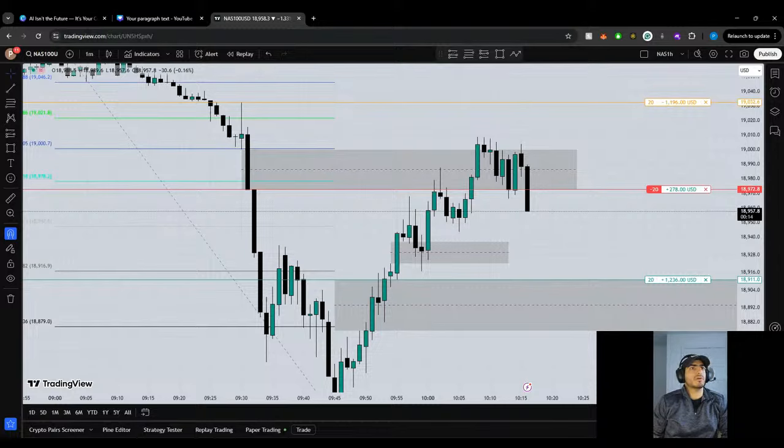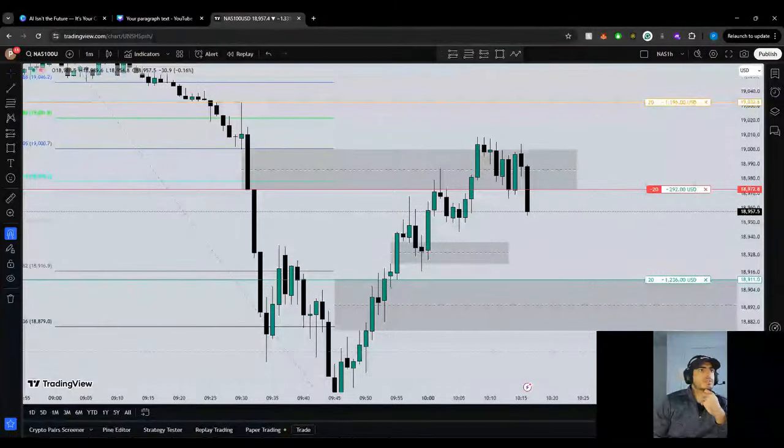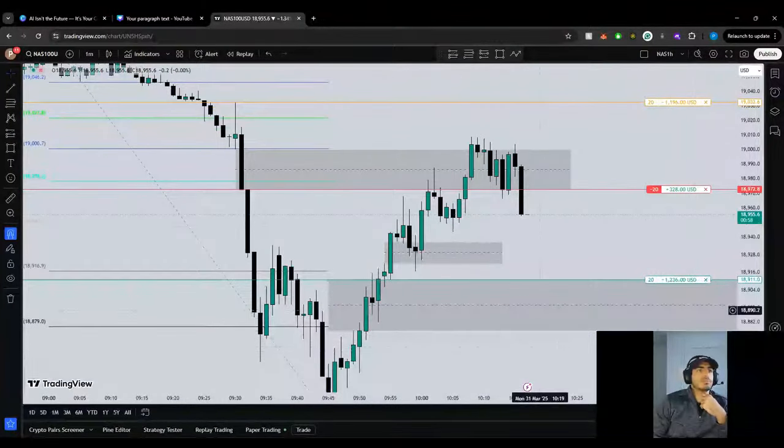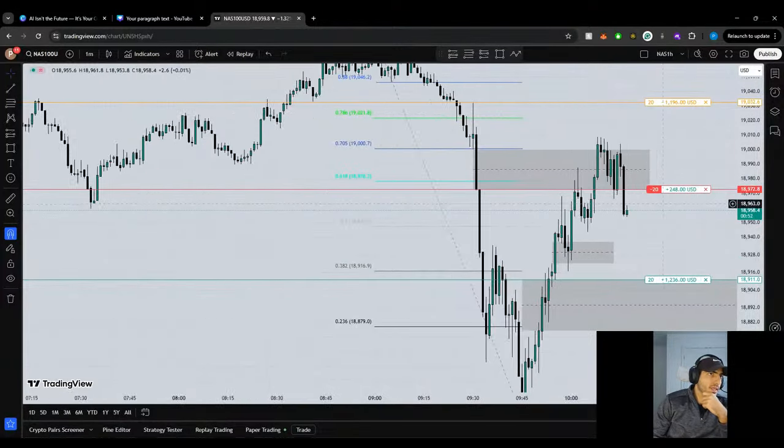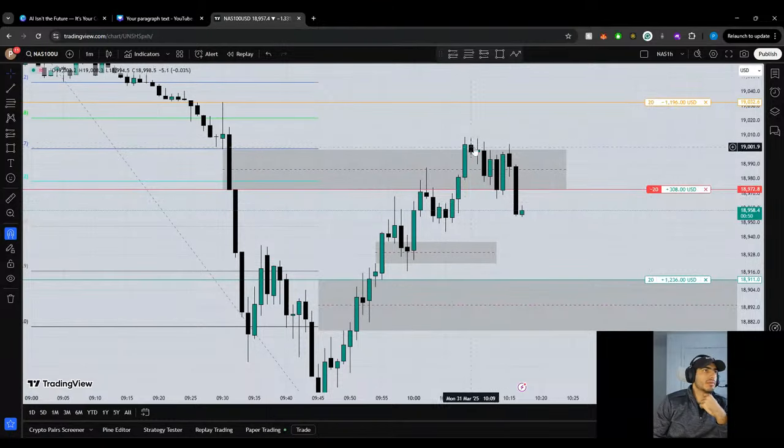Okay, you see how we're going down? Now I would need this body to close below. Let's see. Okay, now this body has to close below this wick, full candle. But I do like the way that we weren't able to make a new high approaching this order block.